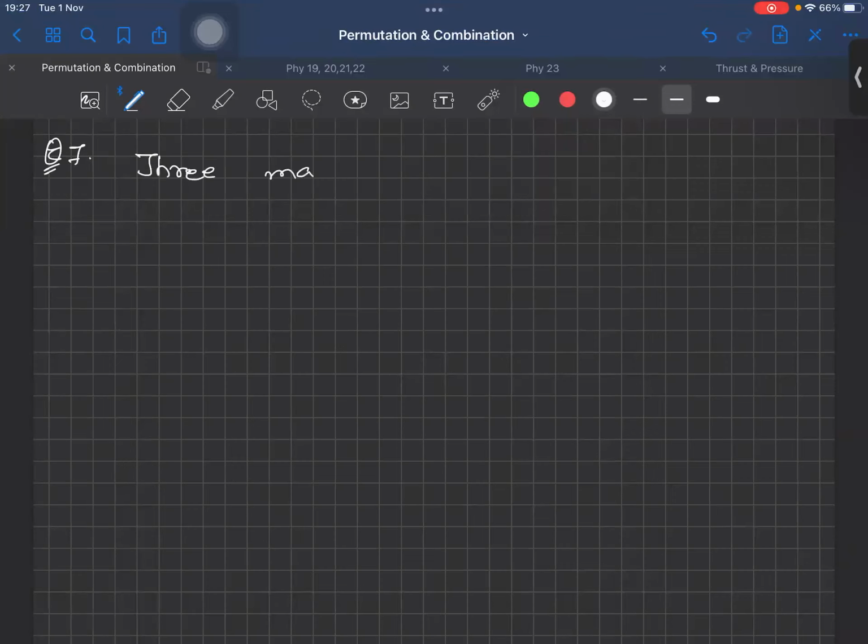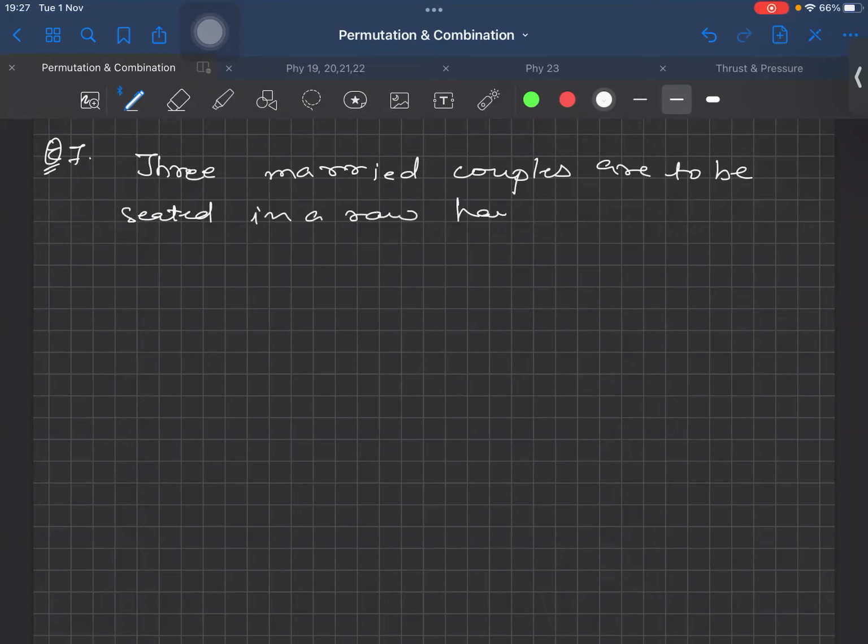See, online classes, I have to write everything. Seated in a row, having 6 seats in a cinema hall. If spouses are to be seated next to each other.